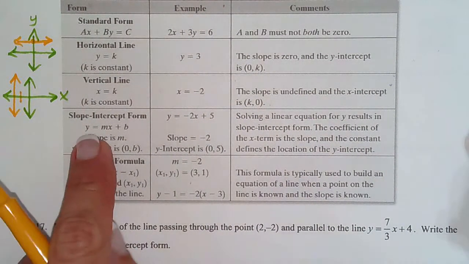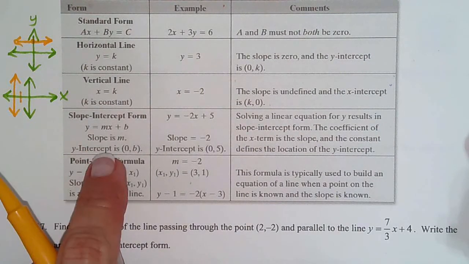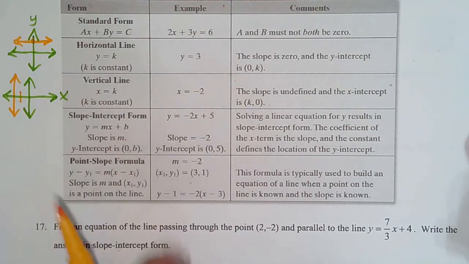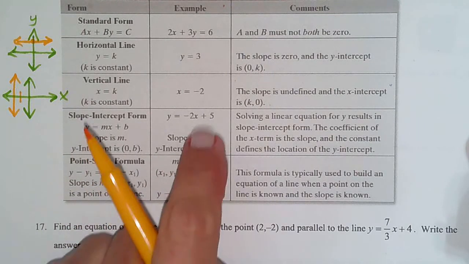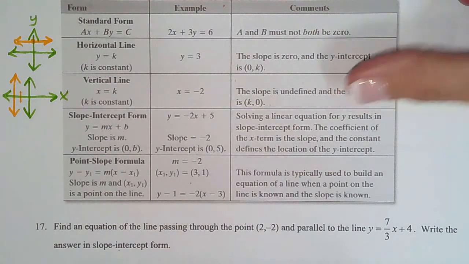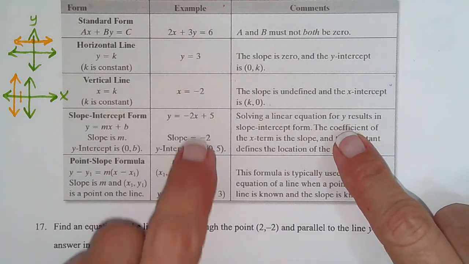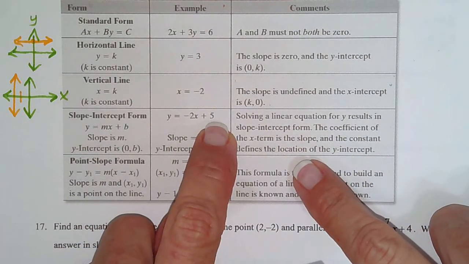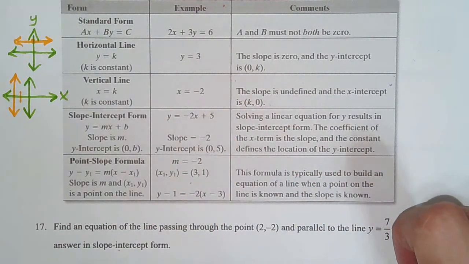Next, we learned about slope-intercept form, y equals mx plus b. We learned m is the slope, and the y-intercept is always 0, comma, b. And so here you can see the slope is -2, and the y-intercept is 0, comma, 5. And so we solve the equation for y to get the slope-intercept form, and the coefficient, or the number in front of the x, is always the slope. The constant, which means the number without the letter, is the y coordinate of the y-intercept.